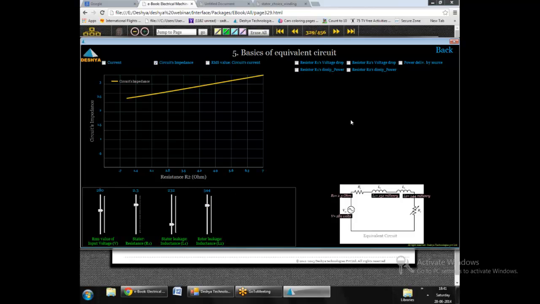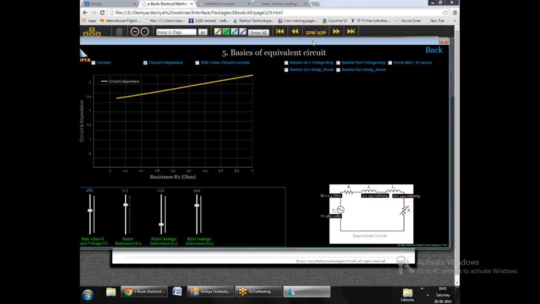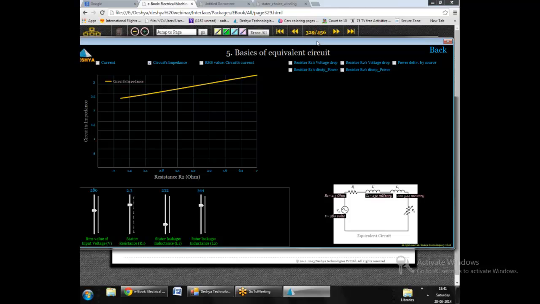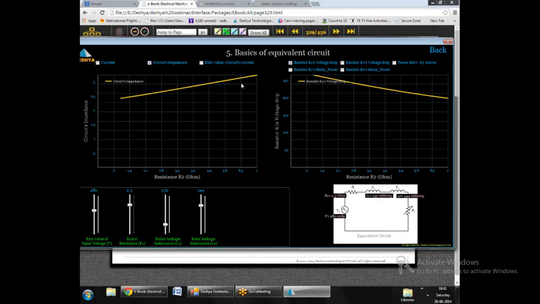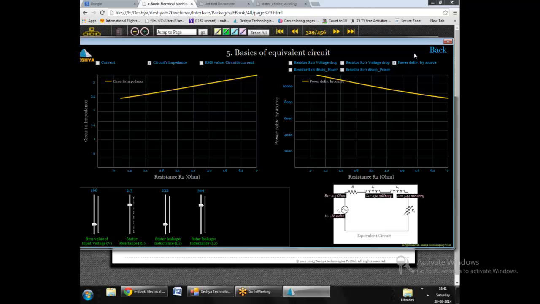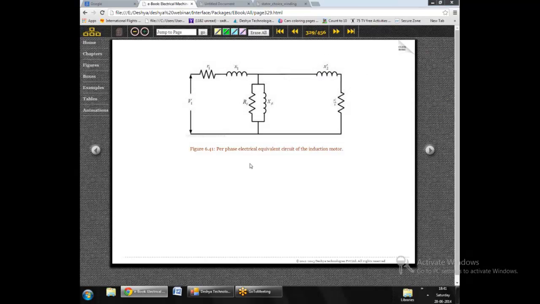So this tool actually helps the reader to see the sensitivity of the parameters on the machine's various output characteristics. So various output characteristics can be analyzed, and we can see the impact of changing some parameter on the output characteristics. So it enables the reader to correlate the theory with the practical experience.